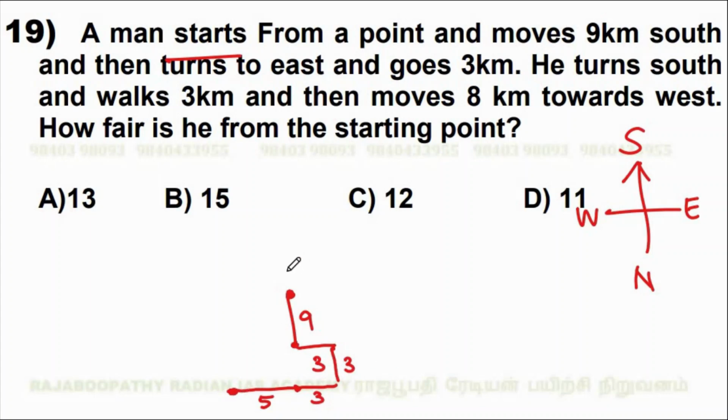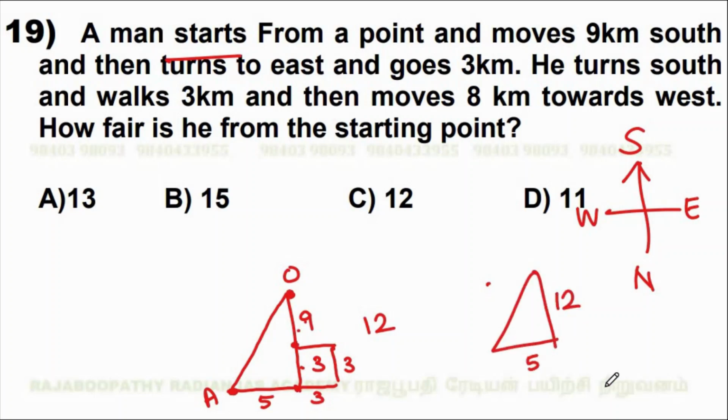So this is O, now A. How far is he from the starting point? This is 9, this is 3, so 9 plus 3 is 12. This is 5. So this is a right angle triangle with sides 12 and 5, and this is 90 degrees.